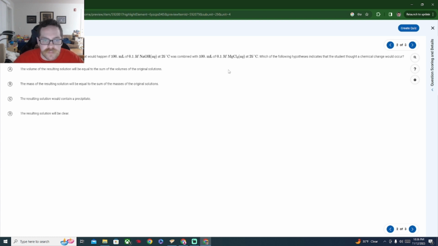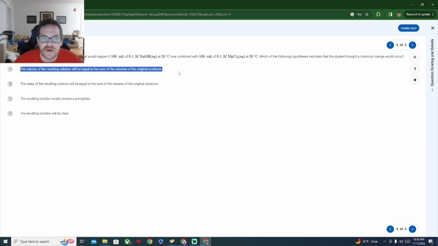We have a few different options. Volume would be equal to the sum of the original solutions. Which of the following hypotheses indicates the student thought a chemical change would occur? The hypothesis is supposed to indicate a chemical change. Don't worry about if it would or not, although it would. Just worry about the chemical change.